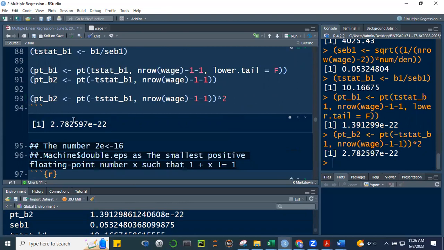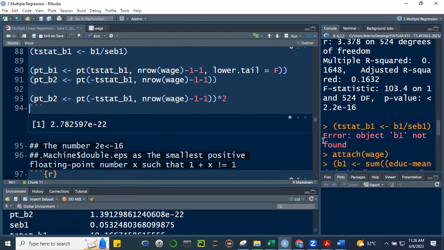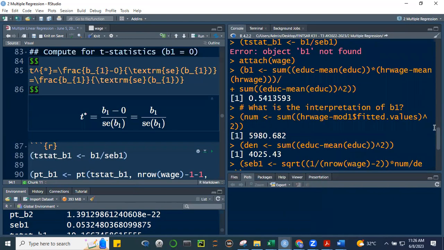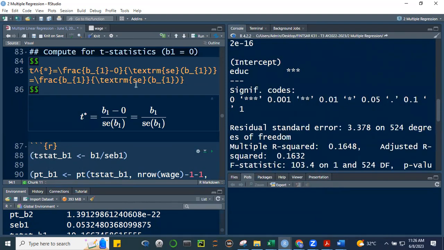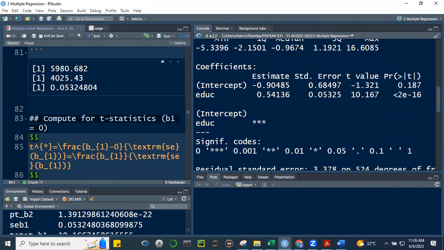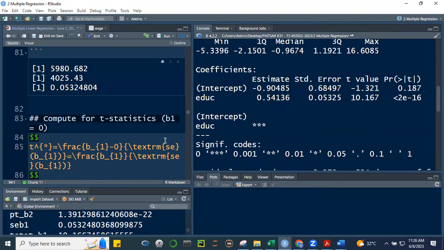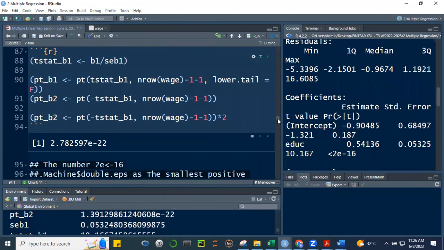So times 2, this is it, 2.7e to the negative 22. And we said that it's not the same as the p-value here. The first p-value generated here is just 2e to the negative 16, when in fact it should be 2.7e to the negative 22.